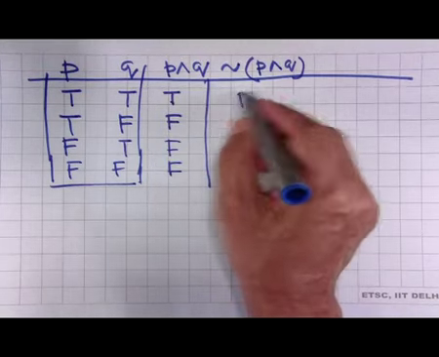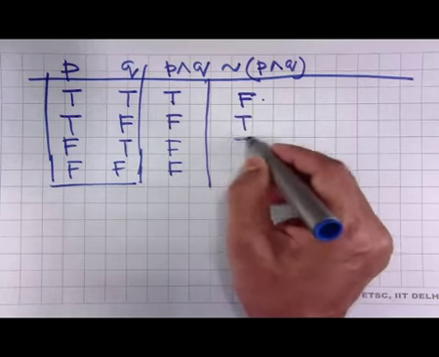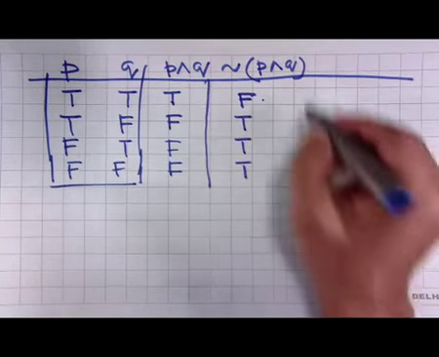Therefore, it is going to be F, T, T, T.